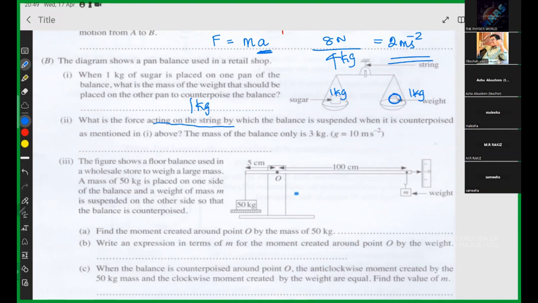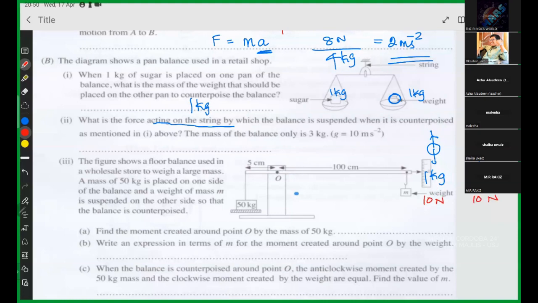The mass of the balance is only 3 kilograms. Now here there is a 1 kilogram weight, and this is also a 1 kilogram weight. If this is 1 kilogram, what would this tension be? 1 kilo, yes, it's the same thing. Now 1 kilogram means 10 Newton.